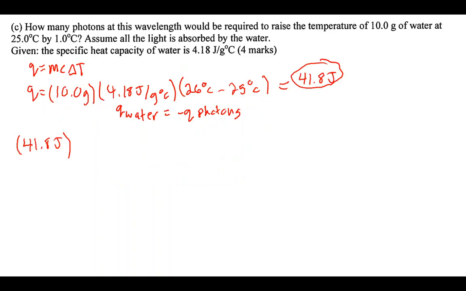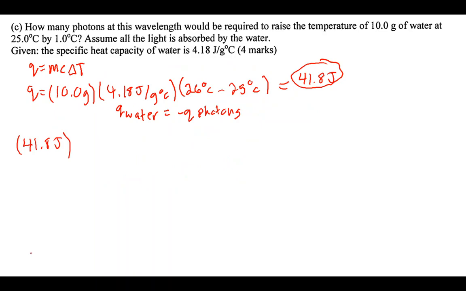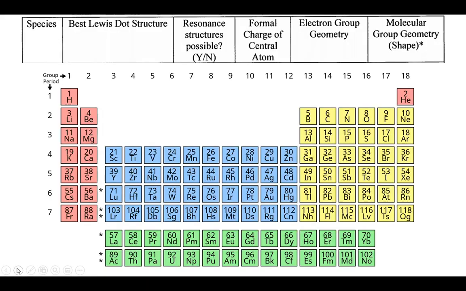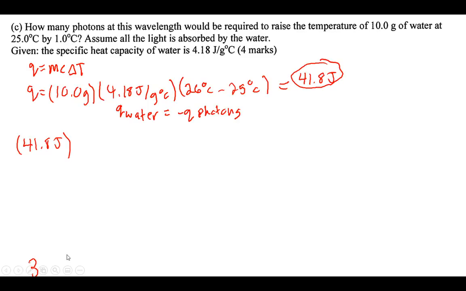So if we write that down, sorry, what was that again? 3.138 times 10 to the negative 19th joules per photon. So this will be our unit conversion for calculating here.